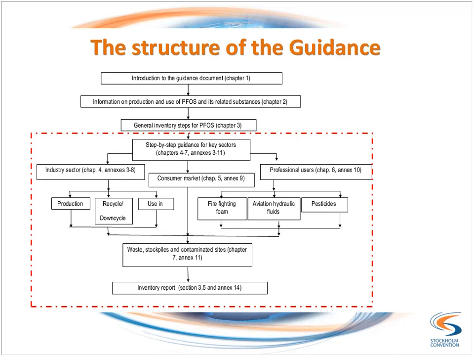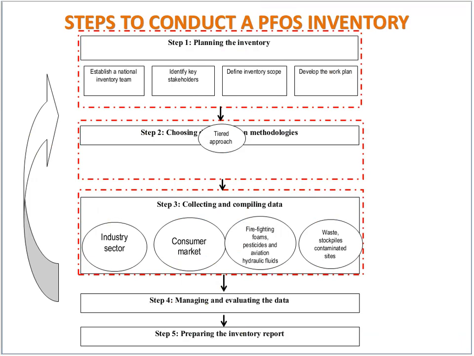Then in chapter 5, the consumer market, and in chapter 6, you will find the information on what we call the professional users, and that relates, for example, to firefighting foams, aviation hydraulic fluids, and pesticides. All of these also have a specific chapter related to waste, stockpiles, and contaminated sites, and finally the inventory report. In relation to the inventory report, we will also make some comments in this presentation afterwards.